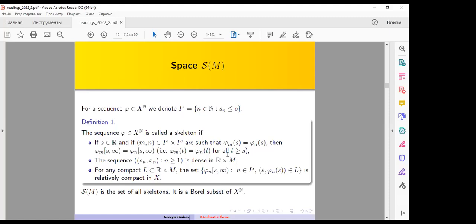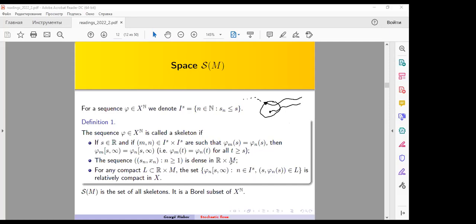And the third property means that we take any compact in the product and look at all functions that at time s were in this compact. So we look at a function at time s, it arrives in the compact, and then we look at its restriction after this time.